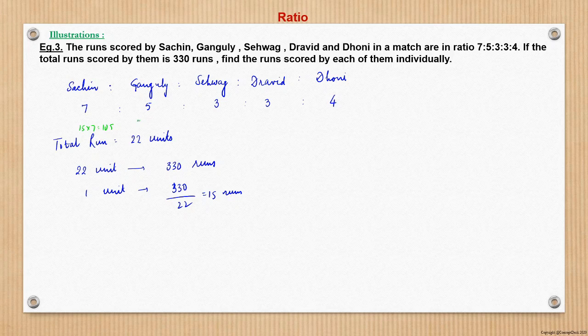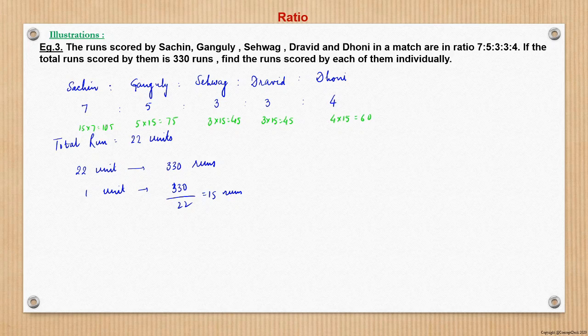This is 5 into 15, which is 75. This is 3 into 15, which is 45. This is again 3 into 15, which is 45. And this is 4 into 15, which is 60 runs.